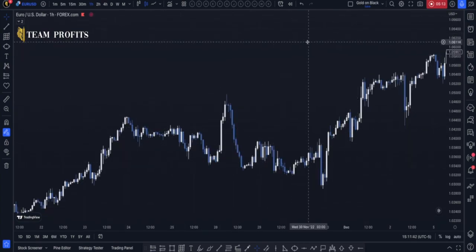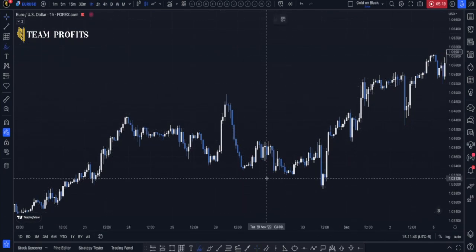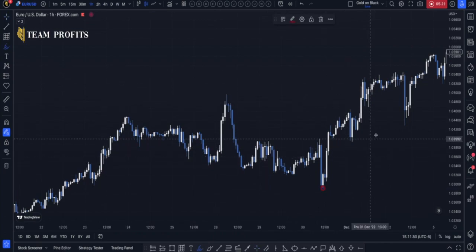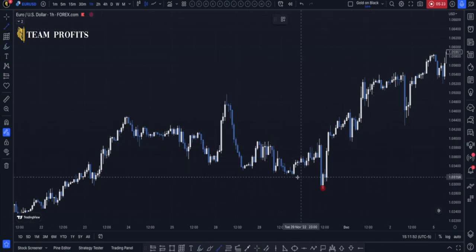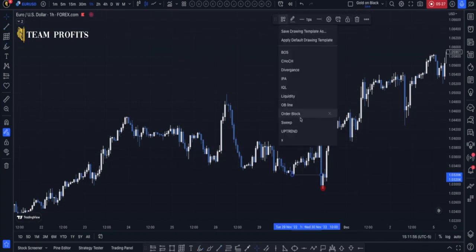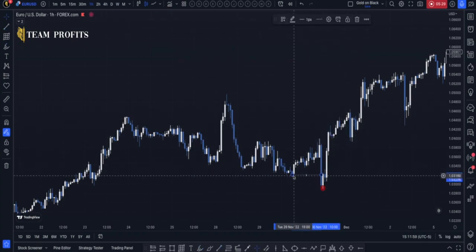All right, now that we are on a particular chart, I'm going to show you just an example. Let's just pretend that this is our lowest point. The market basically took that low. If you're a retail trader, I'm not going to call this inducement.